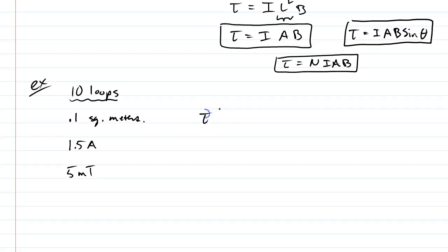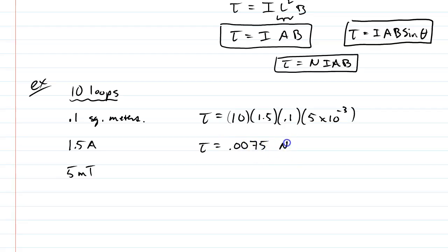So in this case, we're going to have 10 loops. The current is 1.5 amps. The area is 0.1 square meters, and the field strength is 5 times 10 to the negative 3. I'm getting an answer of 0.0075 Newton meters.